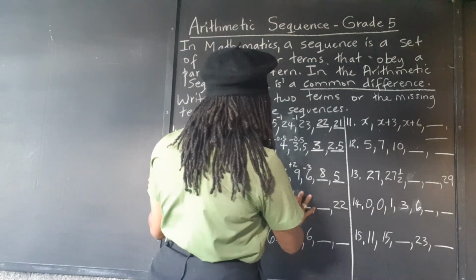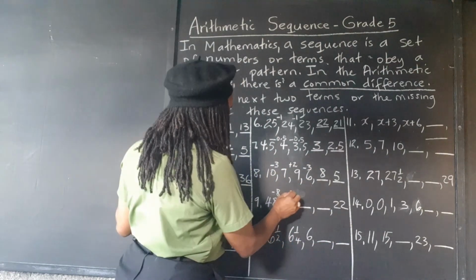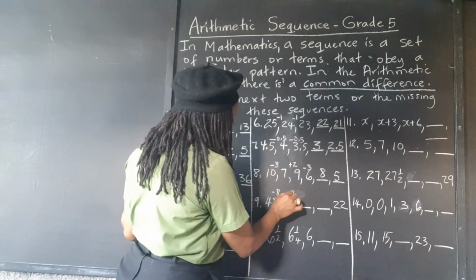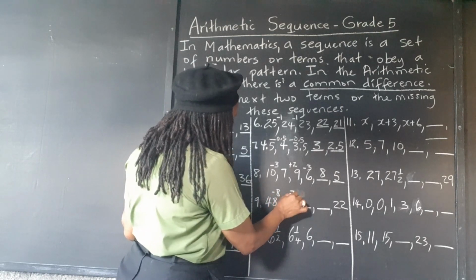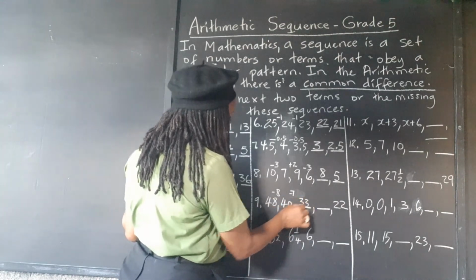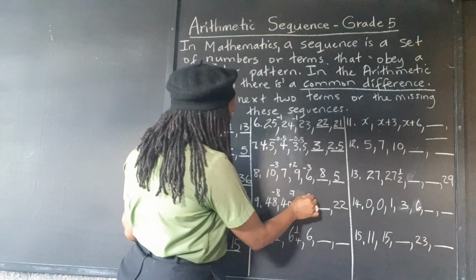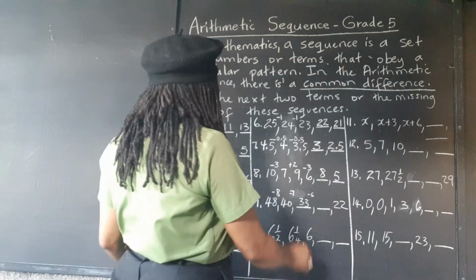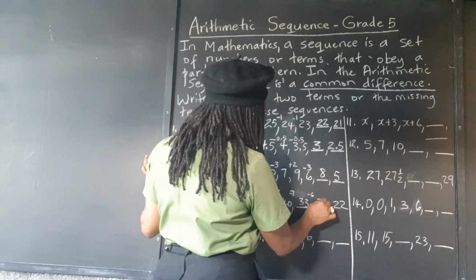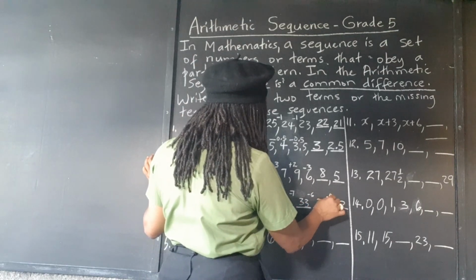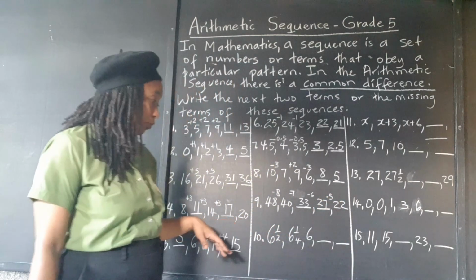Alright, so let's try if they're descending the common difference. Okay, so we take 8 from 48, we get 40. If we take 7 from 40, we get 33. If we take 6 from 33, we would get 27. And then if we take 5 from 27, we get 22.